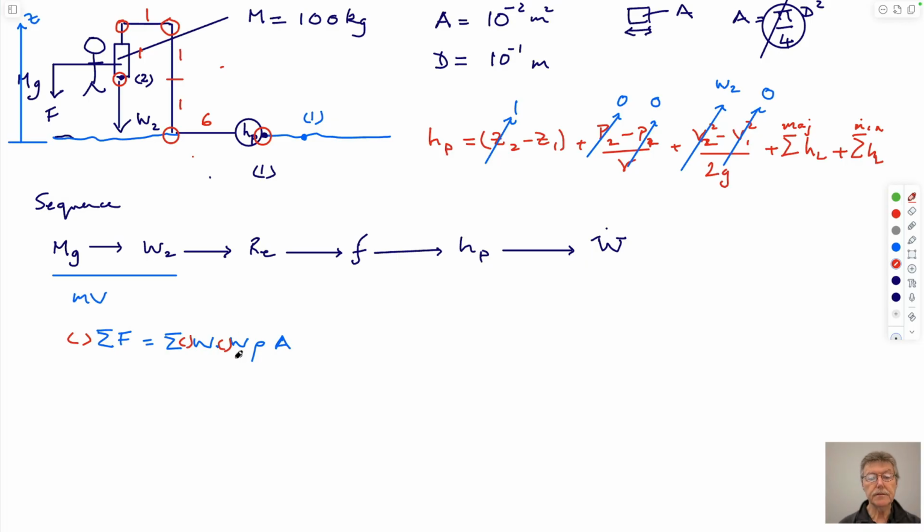So in this equation, the only components we'll have would be the force, which is drawn on here, would be minus F, because it's pointing downwards, just as I've drawn it.